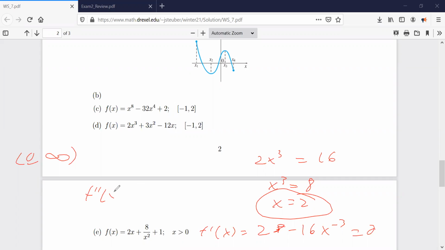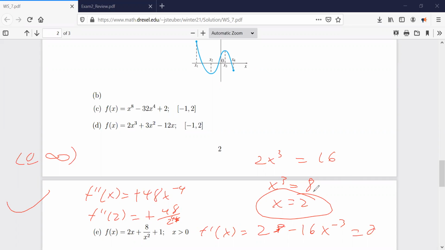So f double prime of x is going to be, sorry, positive 48x to the negative 4. So f double prime of 2 gives me positive 48 over 2 to the 4. And that's not 24, that's 2 to the 4. But that's positive, which is the only thing that matters, which tells me that it's going to be a local min.